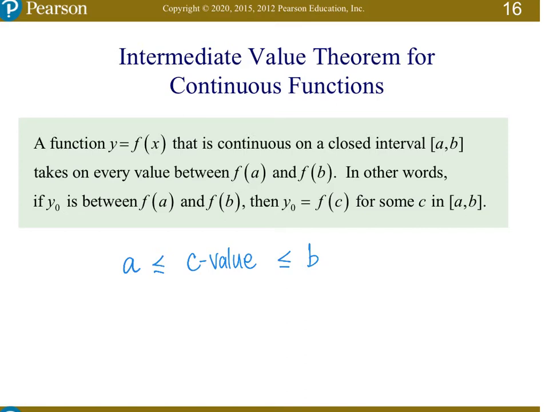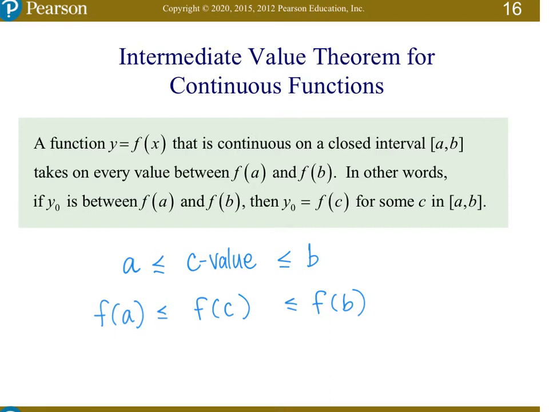If the function is continuous, then you can guarantee the following. That f of a, which is the y value that goes with a, and f of b, which is the y value that would go with b, that the y value that would go with c would be somewhere in between those values.